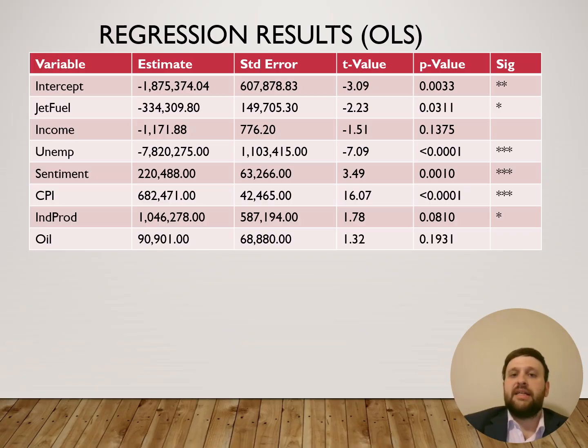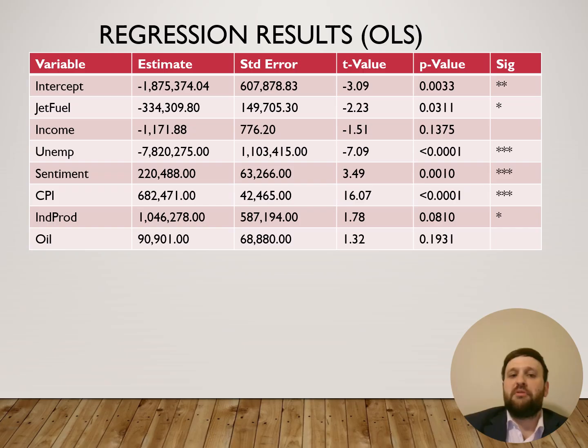The industrial production has a positive coefficient and is marginally significant, which is consistent with increases in business activity leading to more corporate and freight-related travel. Income and oil, while included to provide a full economic picture, are not statistically significant in this sample, and their coefficients should not be overinterpreted.